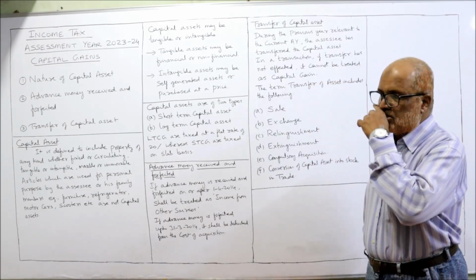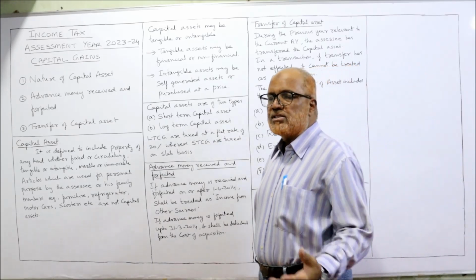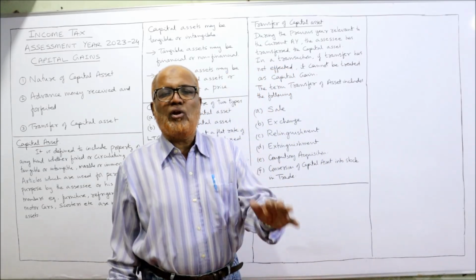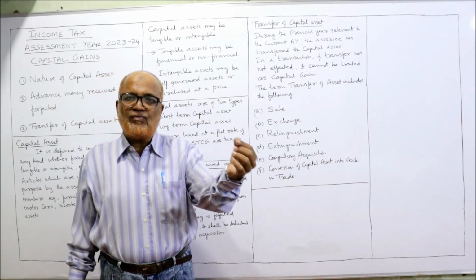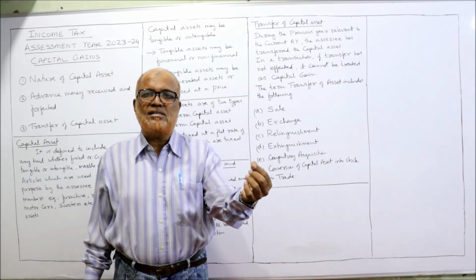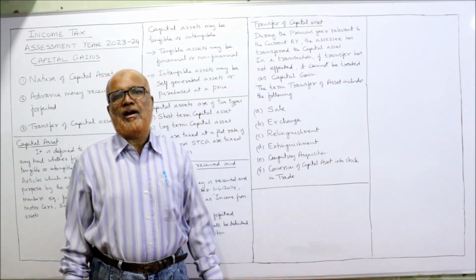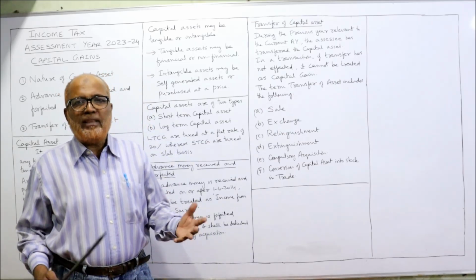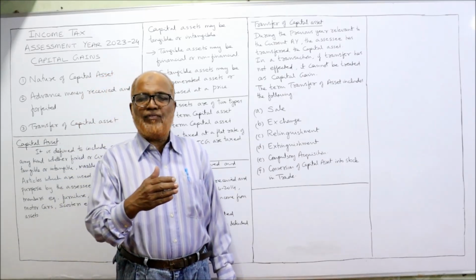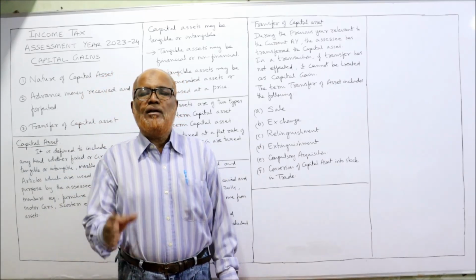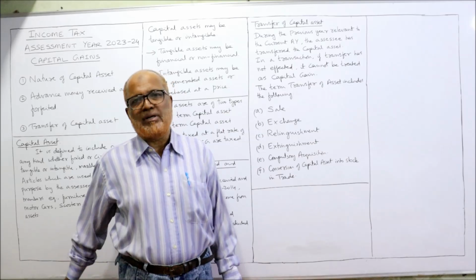The next one is transfer of capital asset. Simply holding a capital asset will not be treated as capital gain. When the capital asset is transferred and any gain arises, then only it is taxable under capital gain. The Income Tax Act gives a few cases where it is called a transfer of capital asset.